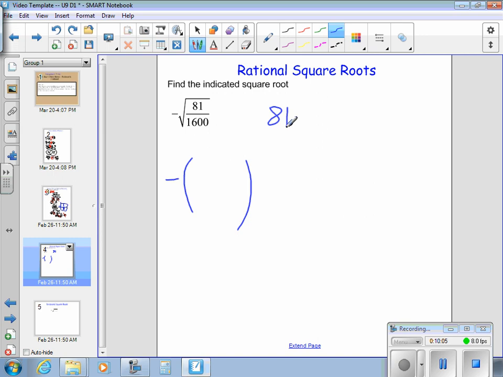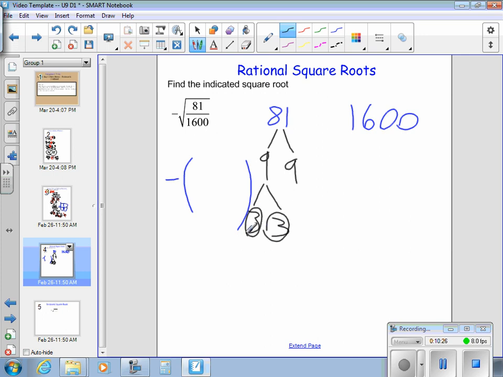So we've got 81 that we're finding the square root of, and then we've got 1,600. First, 81 is 9 times 9. And I'm going to go ahead and break it down even though I could do it from there. 9 is 3 times 3. Both of those are prime.